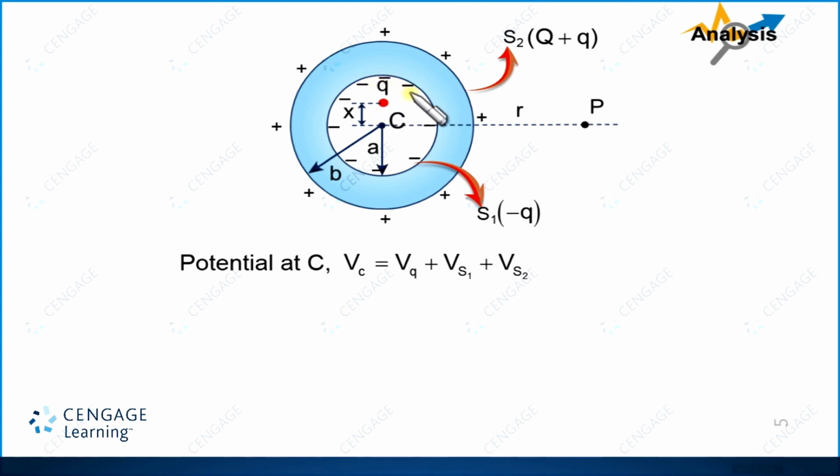And you can observe here the charge is distributed non-uniformly, but the distance of the distributed charge from the center is equal to small a. So the electric potential due to the charge appearing on the innermost surface should be equal to 1 upon 4 pi epsilon naught, minus q divided by small a. And of course the potential due to the outermost surface at point C should be equal to 1 upon 4 pi epsilon naught, (Q plus q) divided by b. So total potential should be this one.